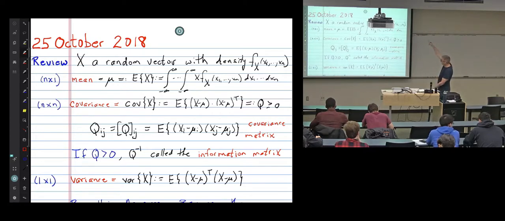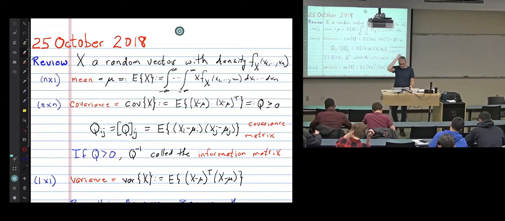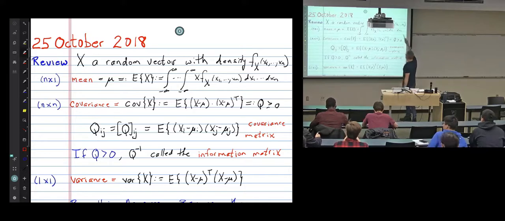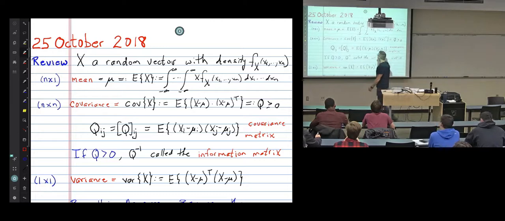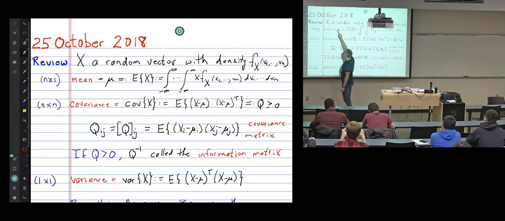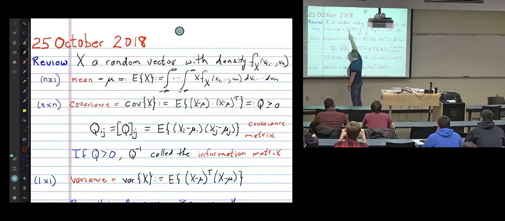So if we have a vector, which means each component of the vector is a random variable, we call it a random vector. It has some density that depends upon a number of variables that we're just going to call x1 through little xn. And the mean of the random vector, which we'll often denote by mu, is the expected value of x.